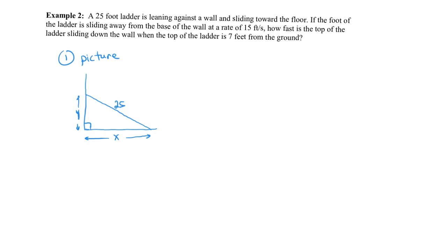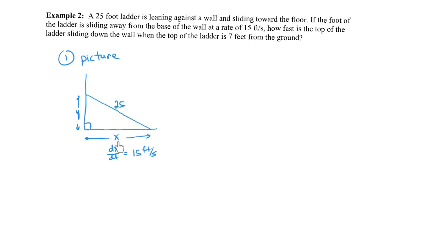And it tells us that the ladder is sliding away from the base of the wall. So this point here is sliding over here at a rate of 15 feet per second. So if this is x, I'll write this right here as part of the picture. That means that dx/dt is 15 feet per second.